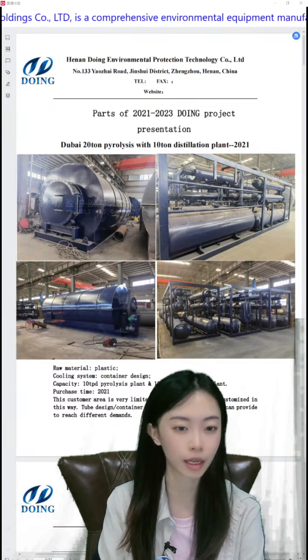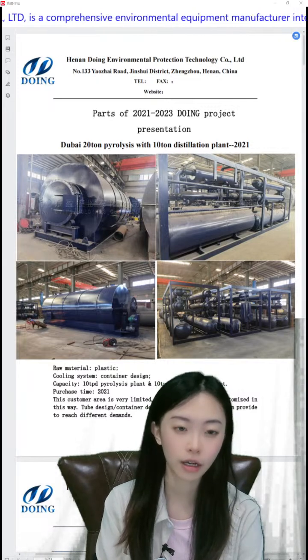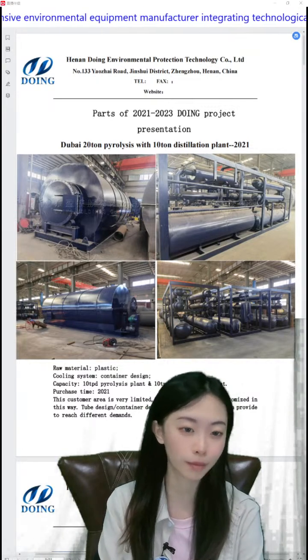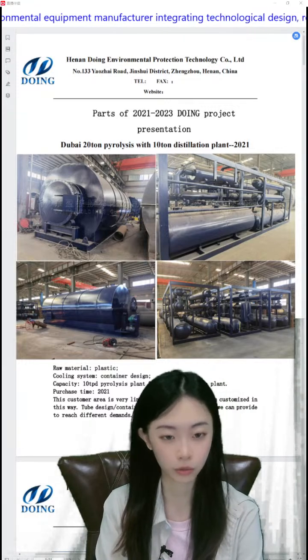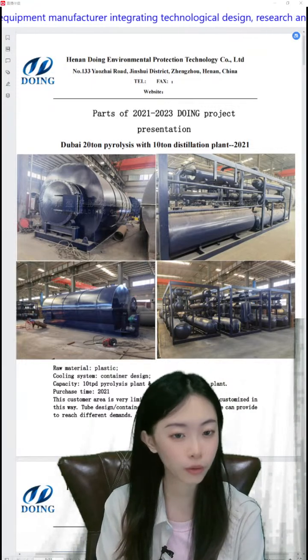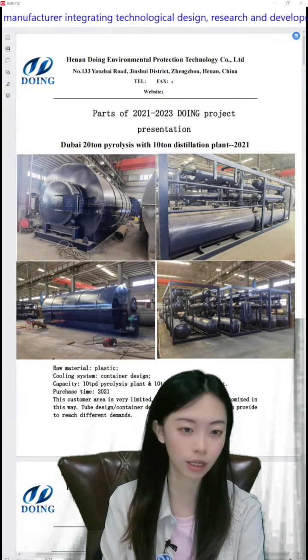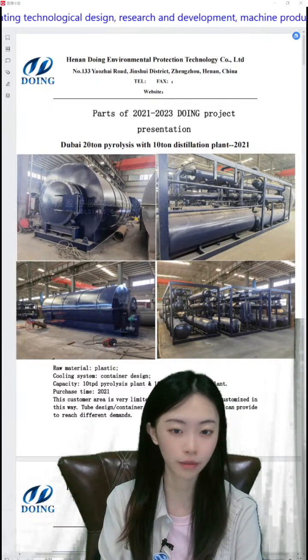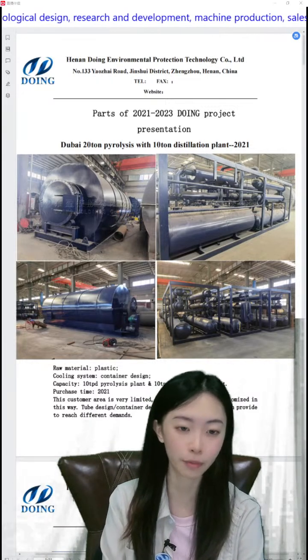We can get the fuel oil and other things like carbon black, aluminium ingot, or some coal after recycling, after the high temperature of the pyrolysis. We can get this kind of things and have a very high profit.